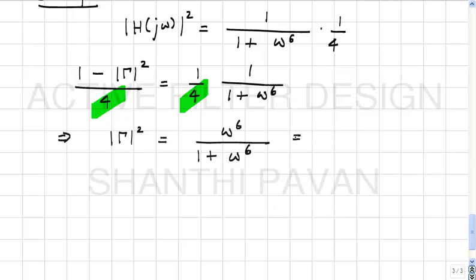Okay. Now, again, this is mod gamma square. This is that evaluated on the j omega axis. So, if you want, as usual, this is nothing but gamma of s times gamma of minus s, evaluated at s equal to j omega.